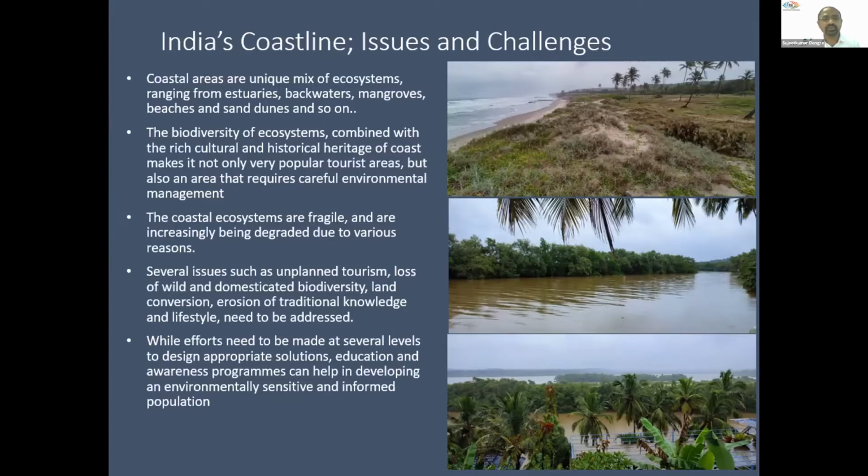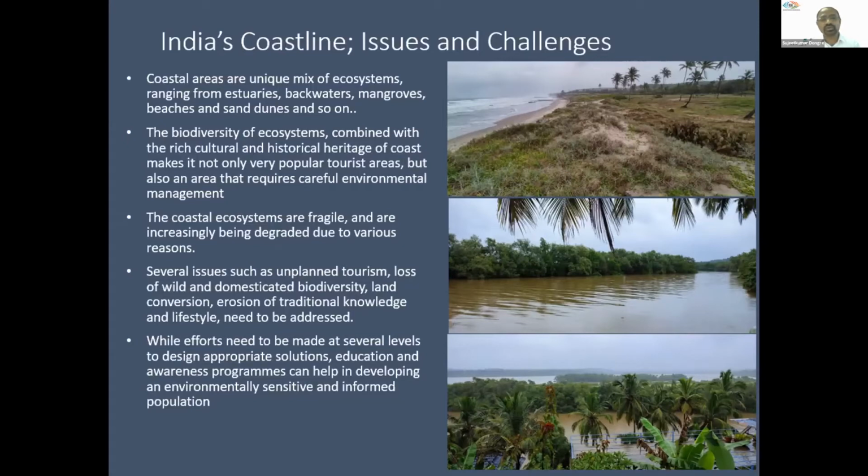The biodiversity, combined with the rich cultural heritage of the coast, makes it not only a popular tourist area, but also an area that requires careful environmental management, because the systems on the coastal areas are both vulnerable and very fragile in terms of any changes that occur to them.